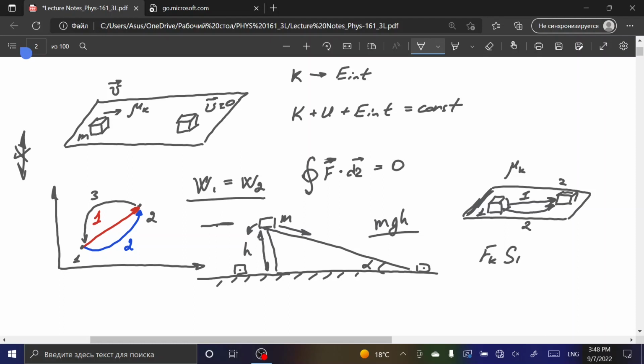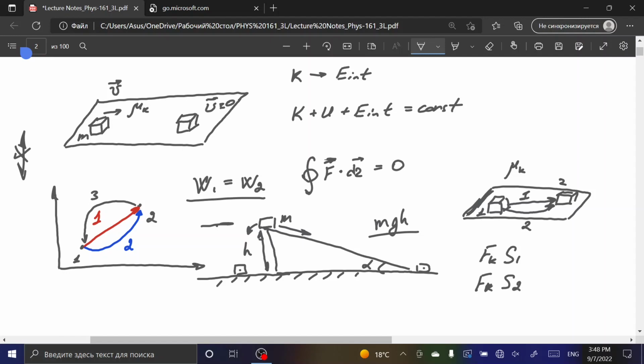And the work done by the friction force in the second case, when we choose the second path, will be the same kinetic friction force, times S2. The mass is the same, the reaction of the surface is the same, so the friction force doesn't change regardless of the position of this block on the surface. And obviously, this straight line is shorter than this curved line. Nevertheless, they bring us to the same point 2 from the same point 1.